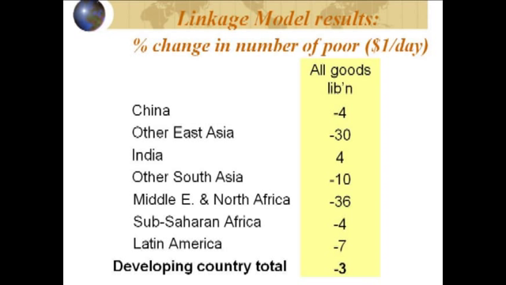And India turns out to be an exception in many of these studies. But even despite that large country looking like it will get an increase in poverty potentially, nonetheless globally there is this reduction of 3%. There's some big reductions in East Asia, for example, and that's predominantly Vietnam and Thailand benefiting from freer trade, particularly in rice.